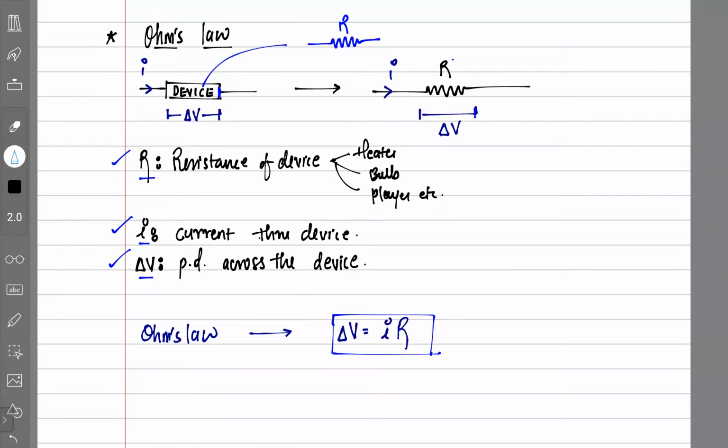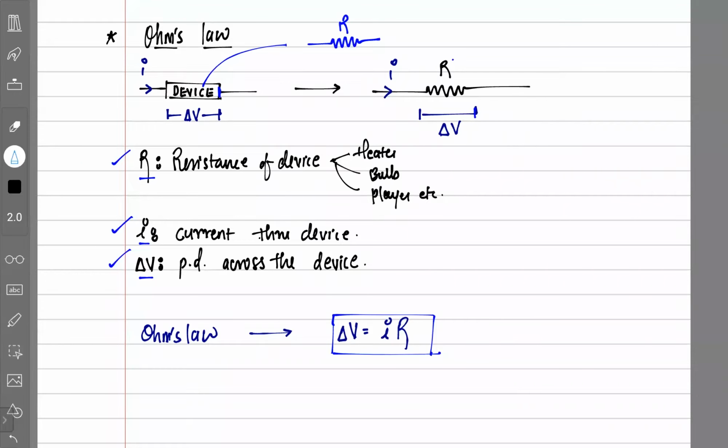Just as heat flows from higher temperature to lower temperature, in a similar fashion, charges flow from higher potential to lower potential. Heat flows because of temperature difference. Charges flow because of potential difference. So the role of temperature in heat is the same as the role of potential in current.